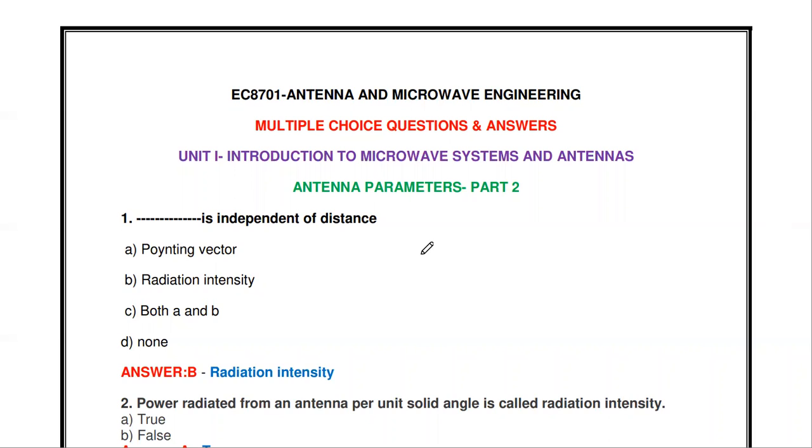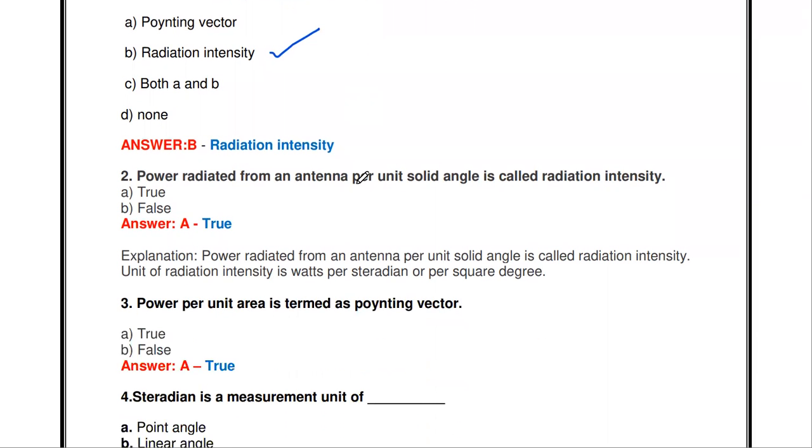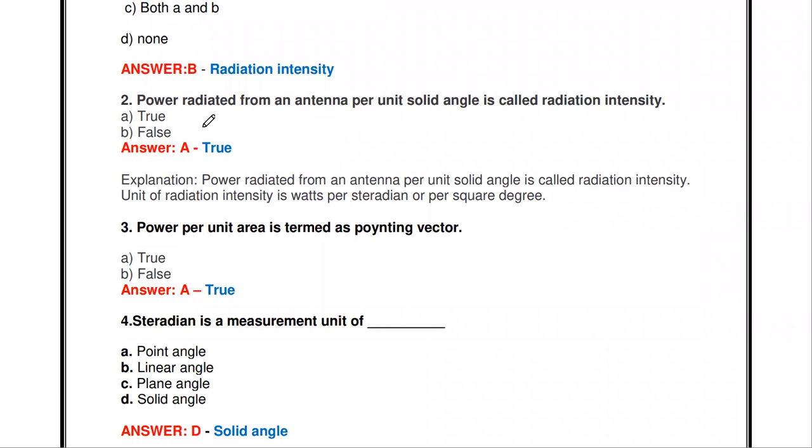The first one: dash is independent of distance. Poynting vector, radiation intensity, both A and B, or none. So radiation intensity is independent of distance. Next one: power radiated from an antenna per unit solid angle is called radiation intensity.